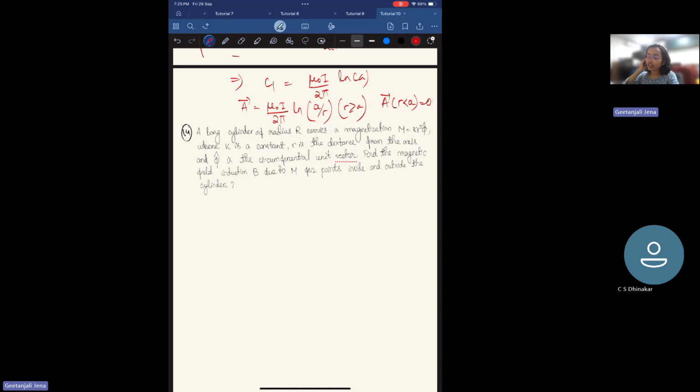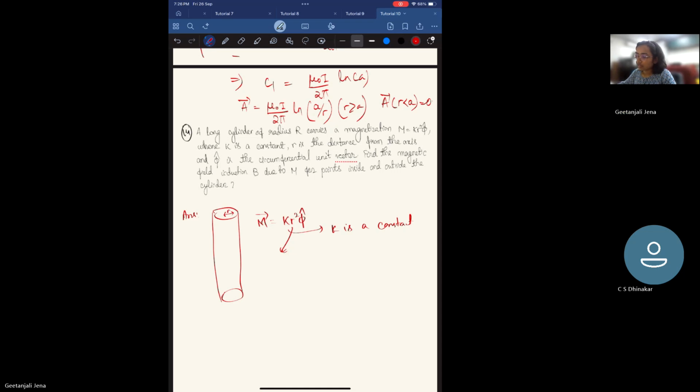There is a long cylinder of radius R. It carries a magnetization M, which is given as M = k r² φ-hat, where k is a constant and r is the distance from the axis of the cylinder. φ-hat is the circumferential unit vector.